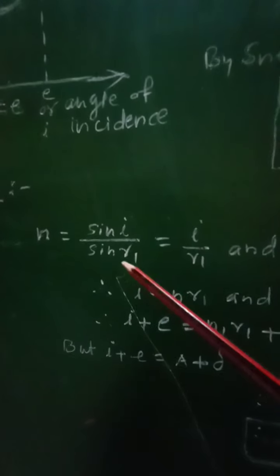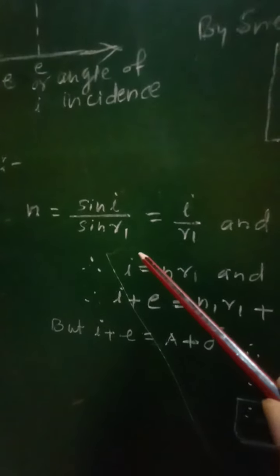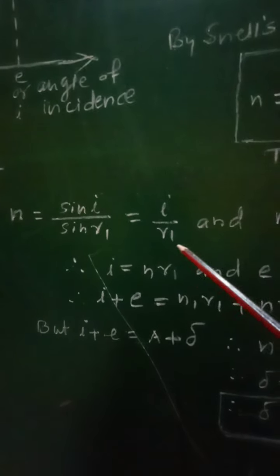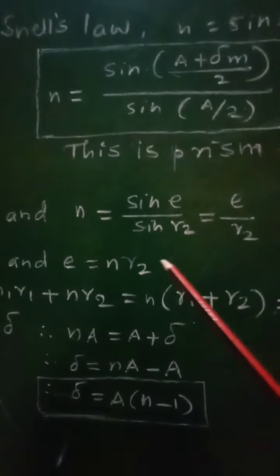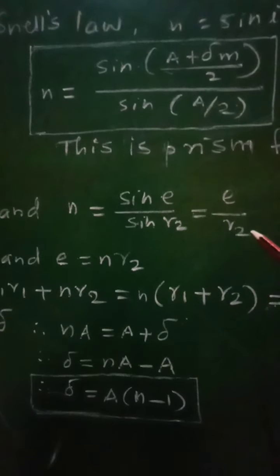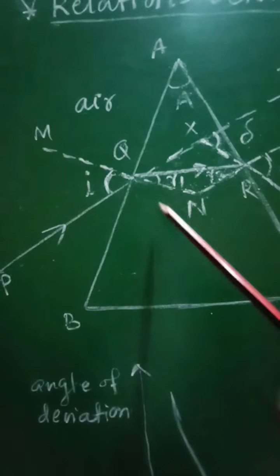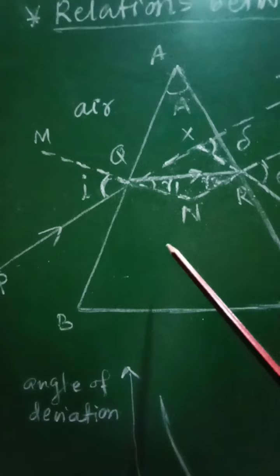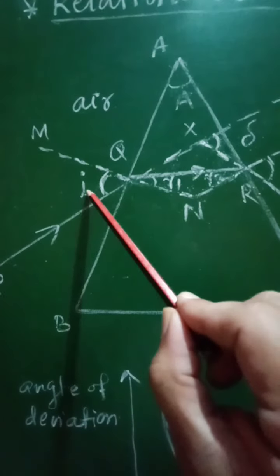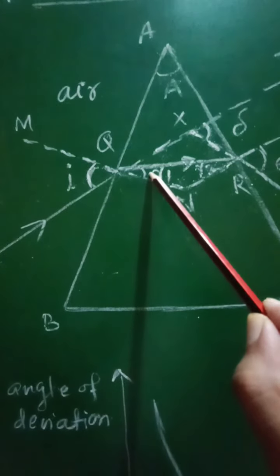And therefore now, using Snell's law again, we can write n is equal to sin I upon sin R1, that is equal to I upon R1, and n is equal to sin E upon sin R2, equal to E upon R2. As there are two refractions here, for the first refraction, the refractive index of the material of the prism n will be equal to sin I upon sin R1.